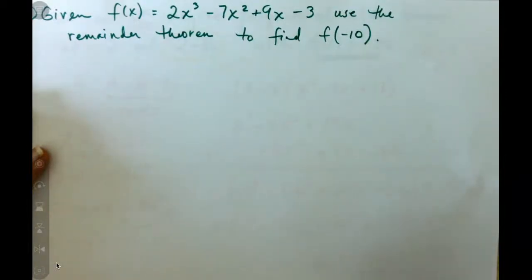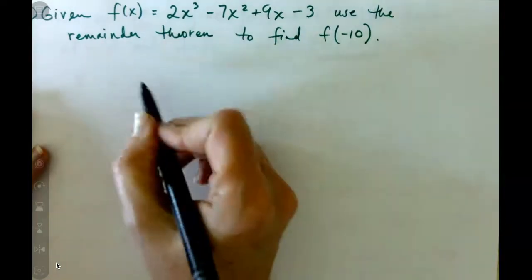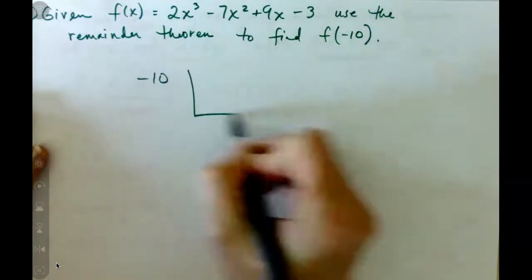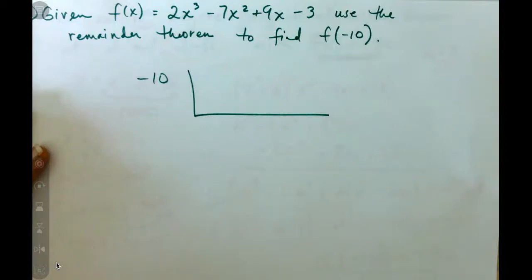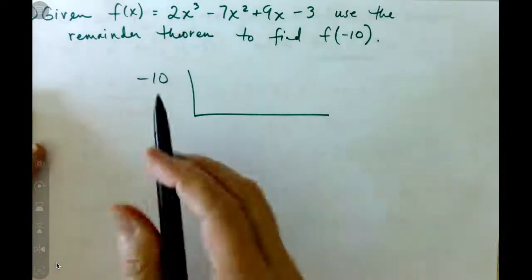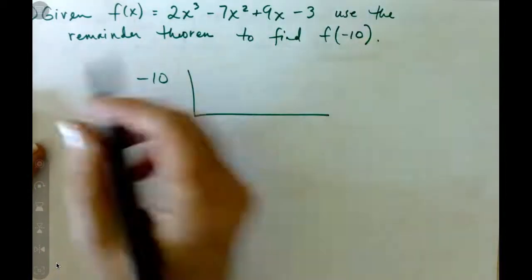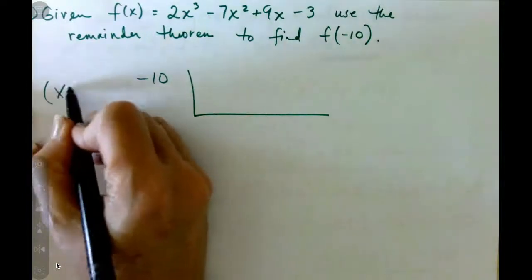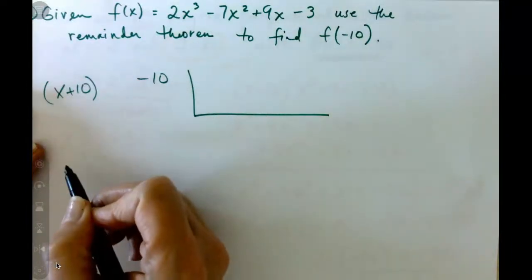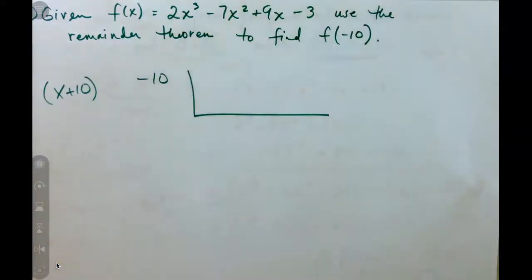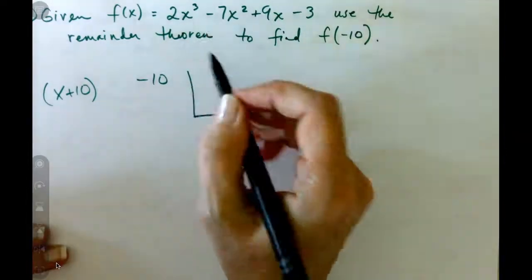But the remainder theorem says this: we can use synthetic division to evaluate functions, because if we divide by the factor x plus 10, then whatever the remainder is will be equivalent to the evaluation of f of negative 10. So let's give it a shot.